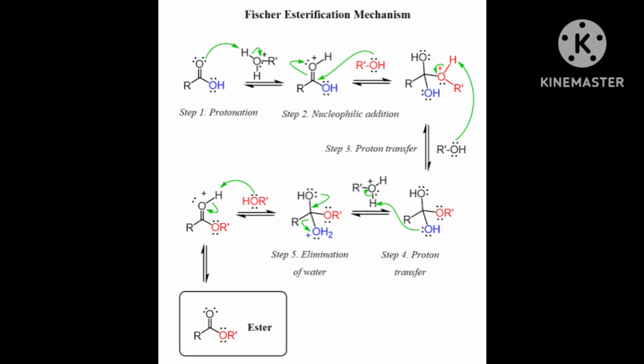Then what will happen? I have already told you. Suppose we consider ROH, any one, plus RCOOH. R may be a methyl group, or R may be an ethyl group.